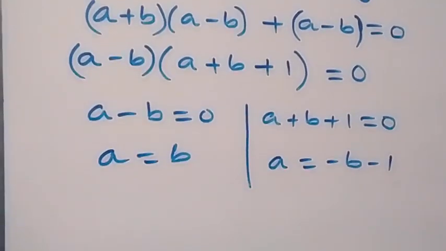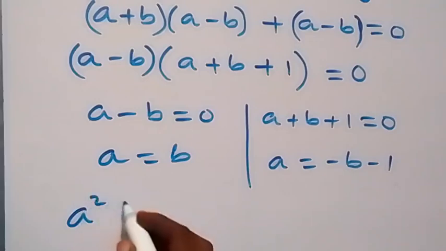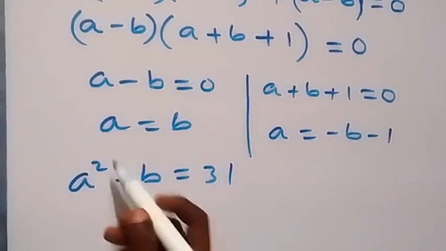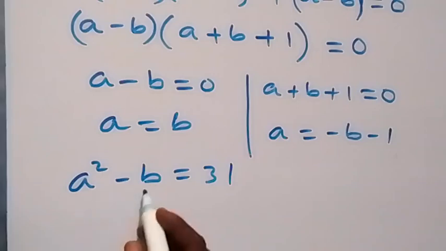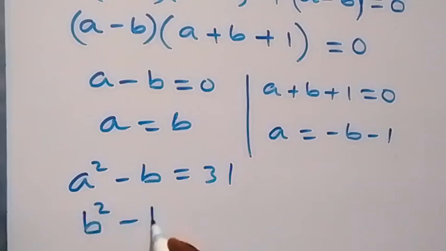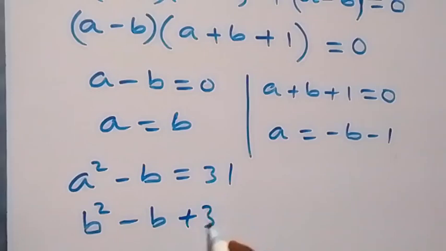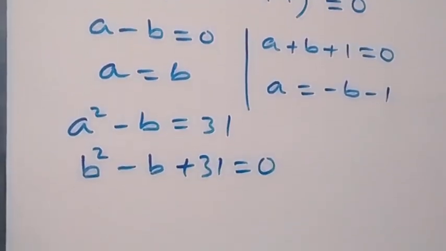Then from this side, let's bring equation 1. From equation 1 we have A squared minus B equals 31. Then since A equals B, we can substitute B, and this becomes B squared minus B, then take 31 here, we have plus 31, now equals 0.